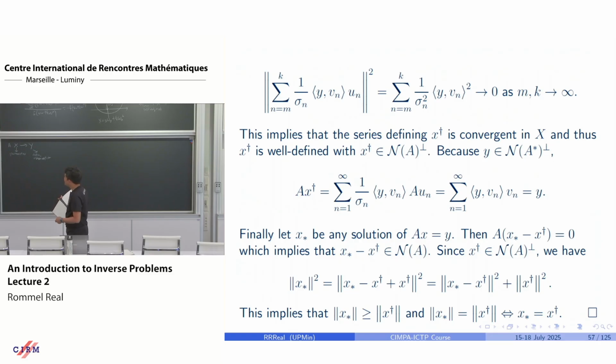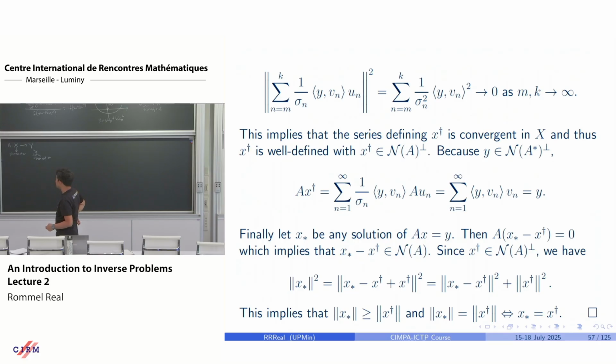So I will just breeze through the proof. We don't need to go through it actually. Now let's consider the linear equation Ax equals y with x dagger given in the previous theorem. Let's consider the perturbation of y given by y sub k equals y plus the square root of sigma k times v k, based on the singular system.